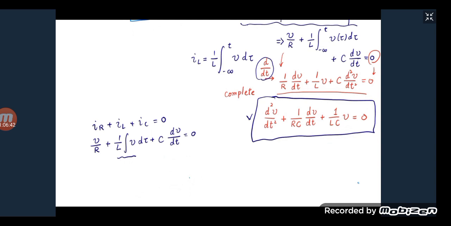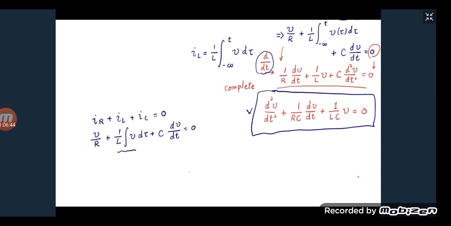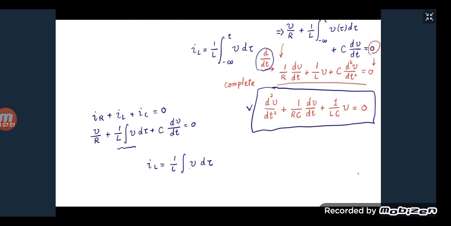But because here is an integral, and we don't like it, we say that V is equal to L di over dt.